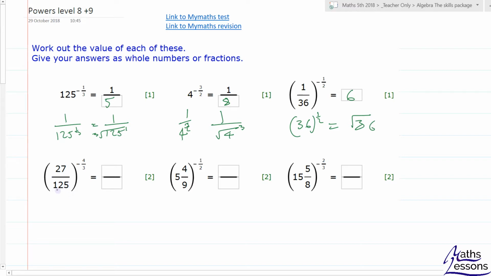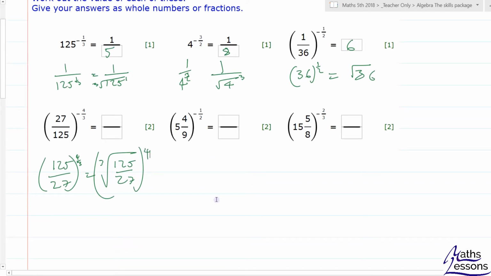So 27 over 125, the minus means flip it. And then I've got the power of 4 thirds. Now I've got to do that to both. Well, actually, what I'm going to do is cube root both, because it's easier to cube root these numbers, and then do the power of 4 second. So cube root of 125 is 5.